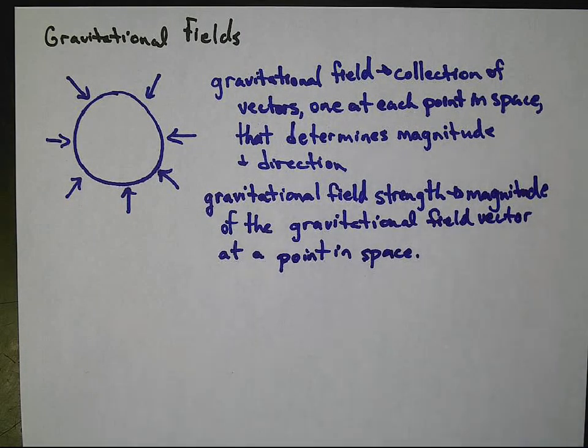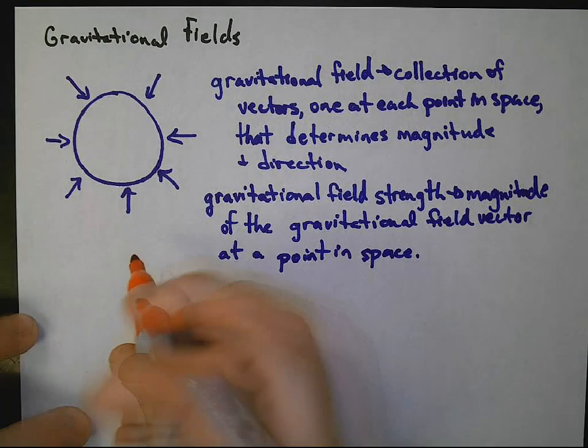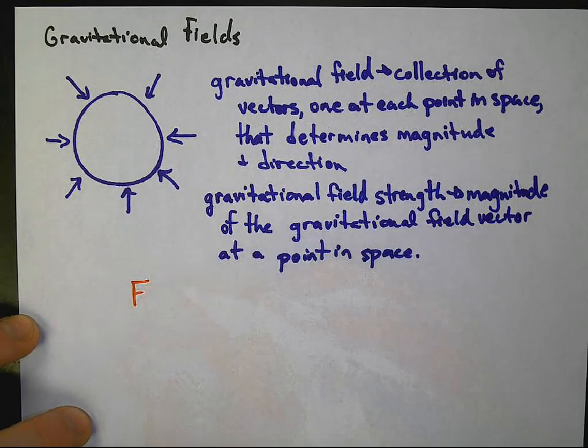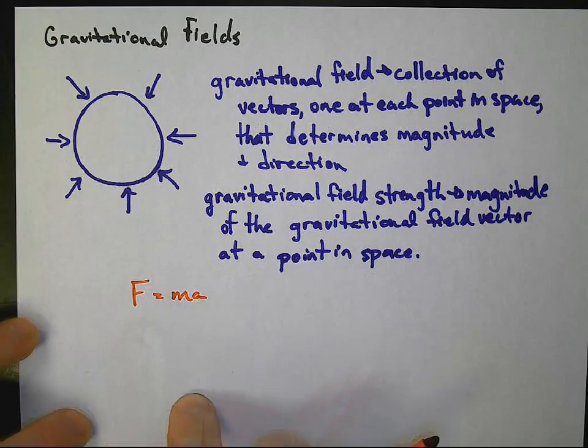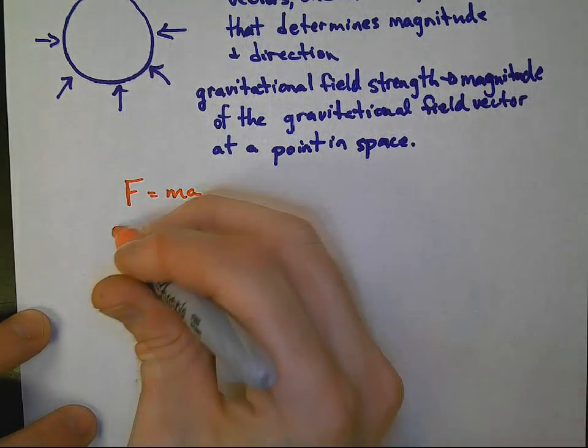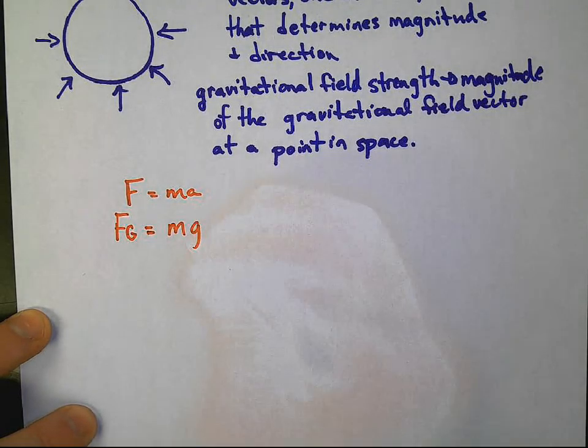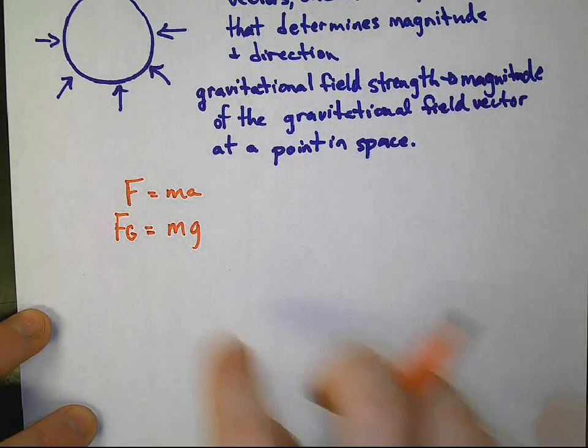We combine the universal law of gravitation with Newton's second law, the fact that net force is equal to mass times acceleration. In this case, this is a force of attraction, so Fg is equal to mg, mass and acceleration, where acceleration is gravity.